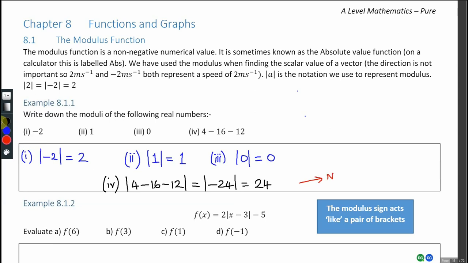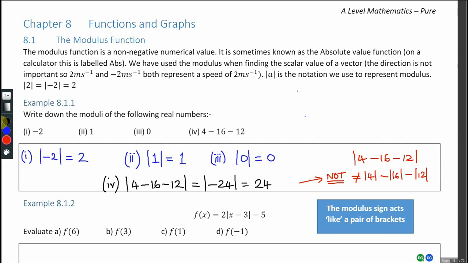Now there's a common error here which I want to point out so that you don't make it. If we're doing the modulus of 4 take away 16 take away 12 like we did in part 4, we can't do the modulus of 4 take away the modulus of 16 take away the modulus of 12. That gives us the wrong answer.